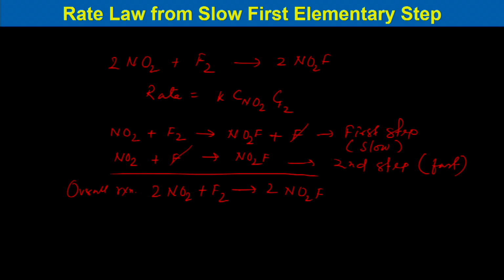So, the rate of reaction for this we can write as K1, concentration of NO2 and concentration of fluorine.